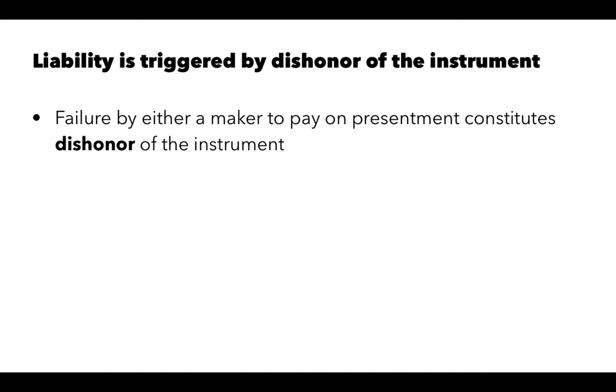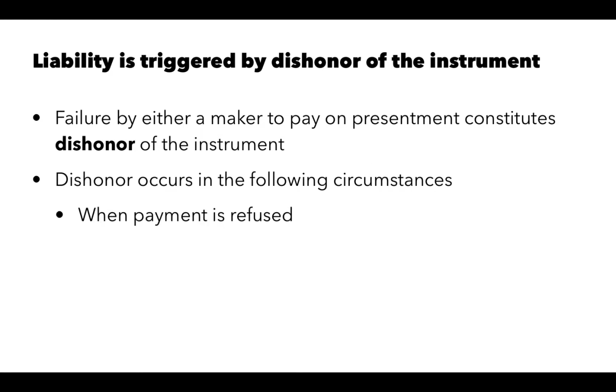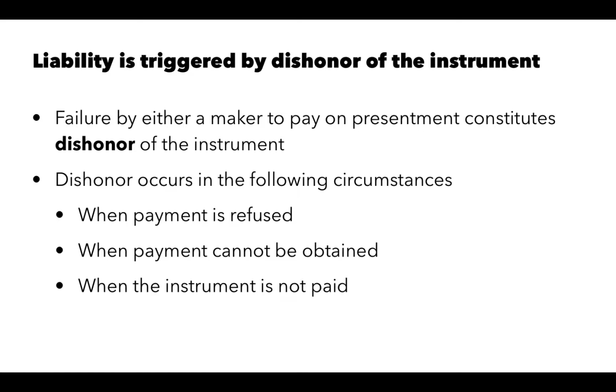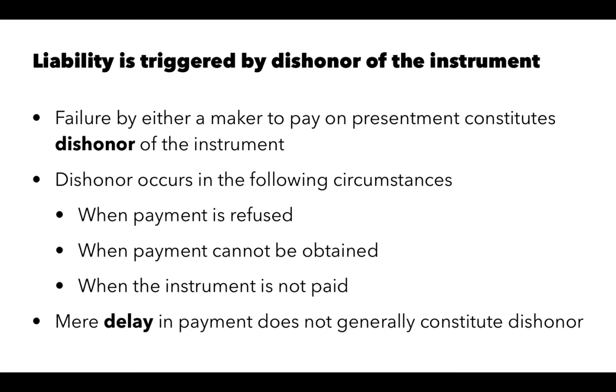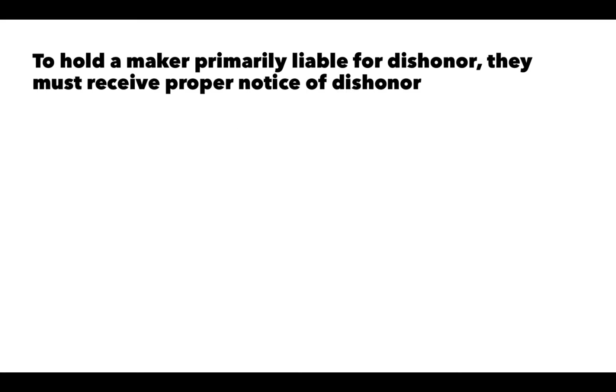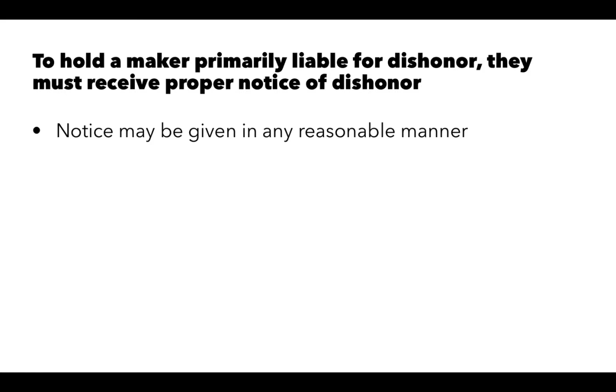So dishonor occurs in the following circumstances: when payment is refused, when payment cannot be obtained, or when the instrument is not paid. Mere delay in payment does not necessarily constitute dishonor. Now, to hold a maker primarily liable for dishonor, they must receive proper notice of dishonor. And notice can be given in any reasonable manner.